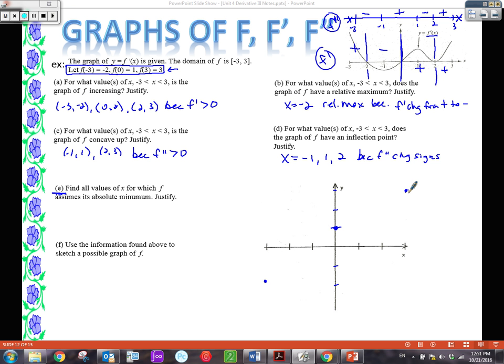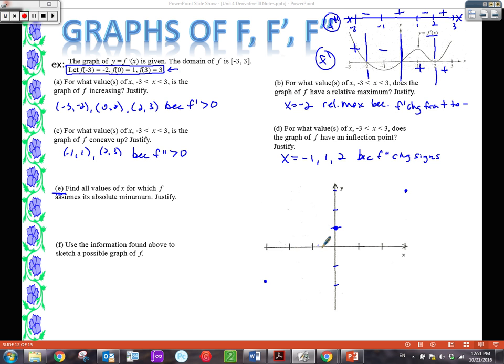The second thing that I always do is I look for extrema, mins and maxes, relative mins and maxes. That's the second thing that I do, because those we need to kind of lock in. So let's look at our first derivative sign chart, and let's determine what kind of extrema we have. At -2 we have a maximum.